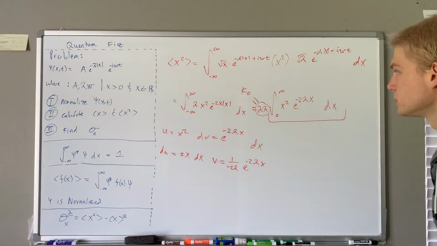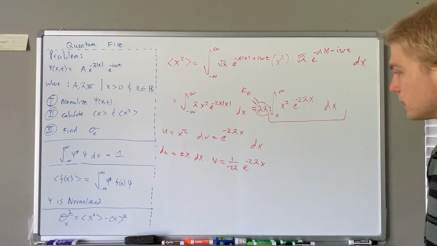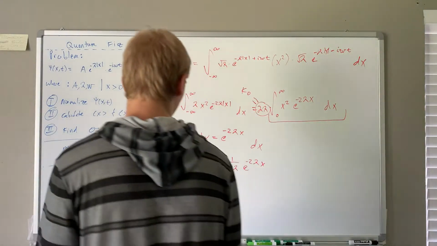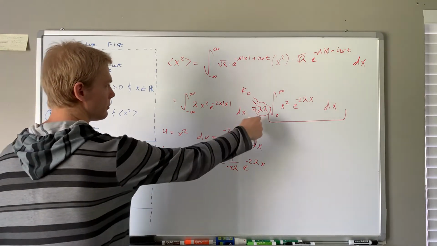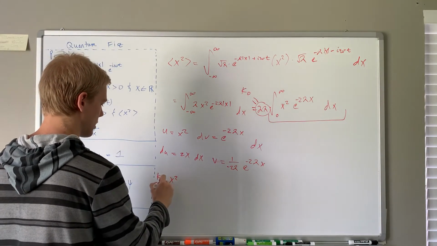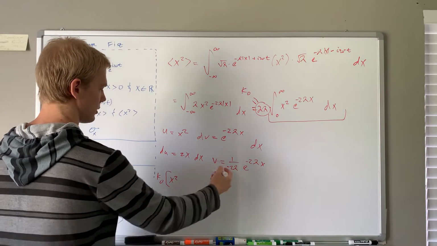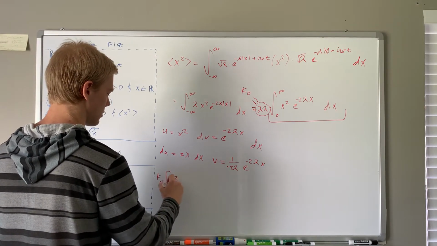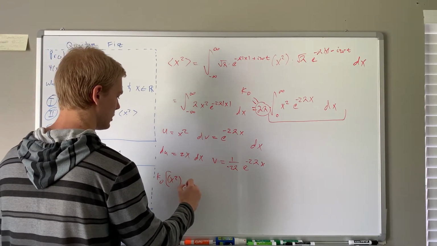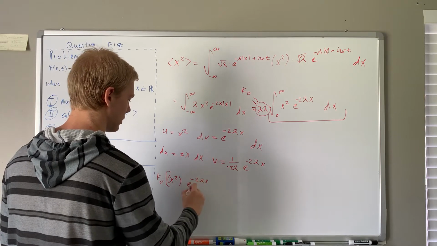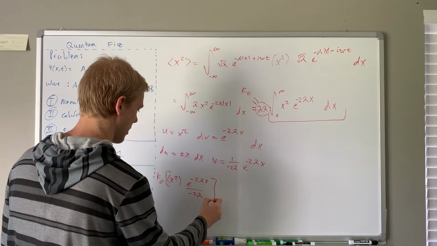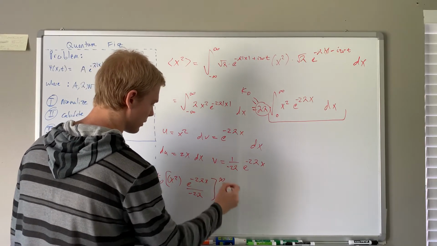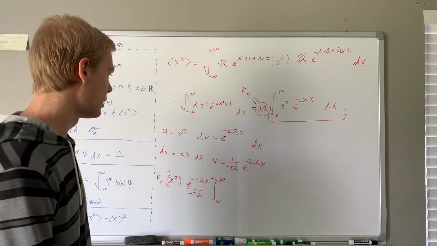So one substitution of integration by parts gives you x squared, remember times this k naught, times e to the negative 2 lambda x over negative 2 lambda. And this whole thing on the limits of integration, you can plug it straight in.